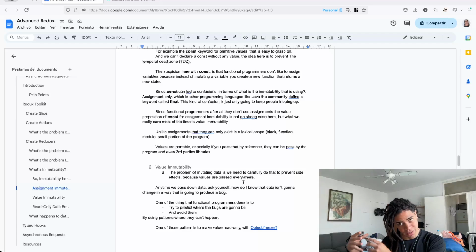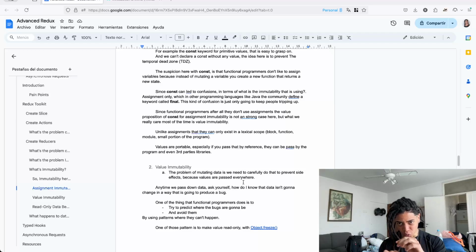And one of the things that this functional programming paradigm or mindset is telling us is to say, hey, let's try to predict where the bugs are going to happen and avoid them by using patterns where they can't happen.